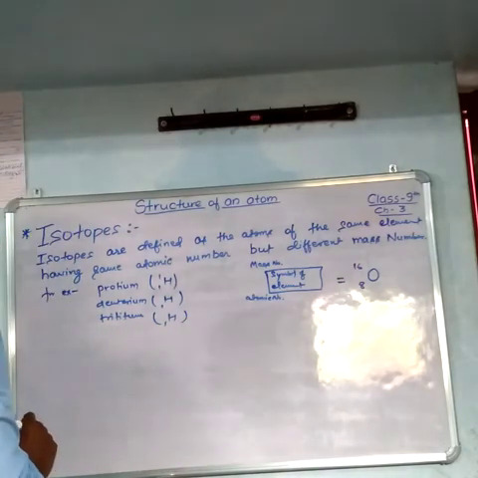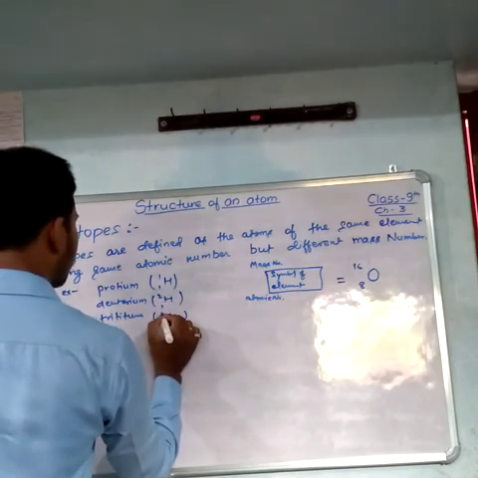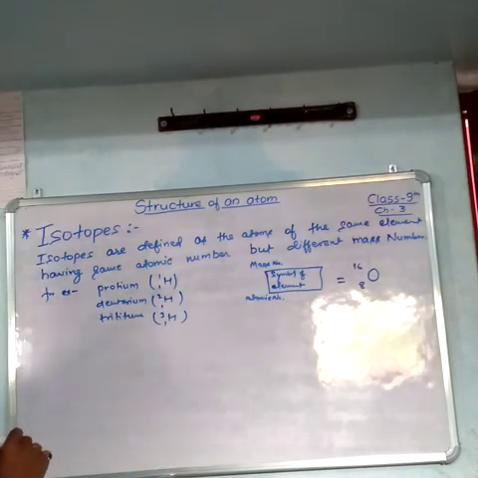The lower part is the same but the upper part is different, meaning the atomic number is the same but the mass number is different.